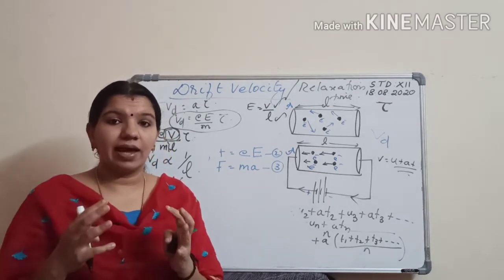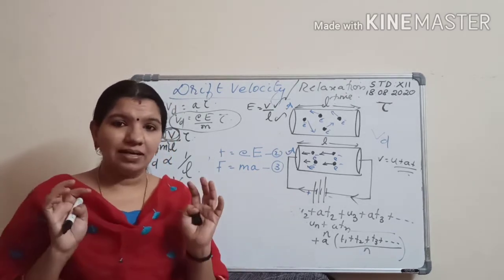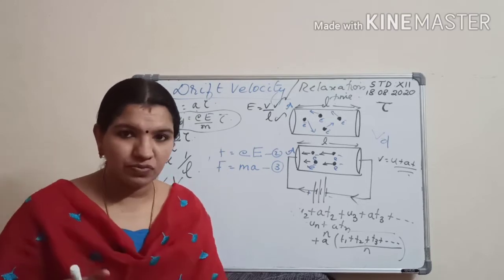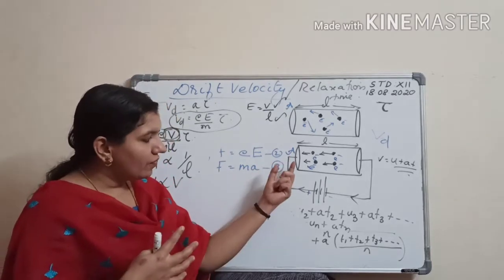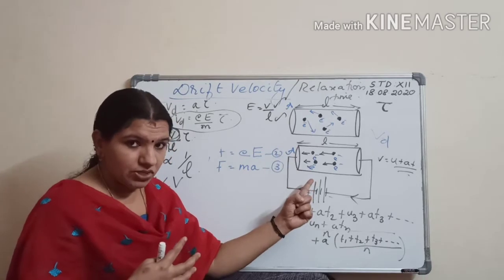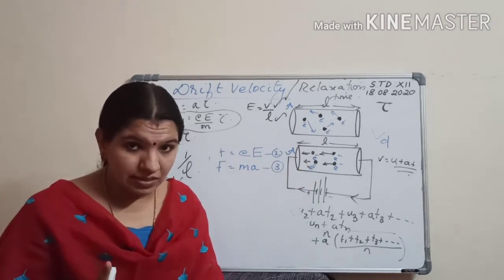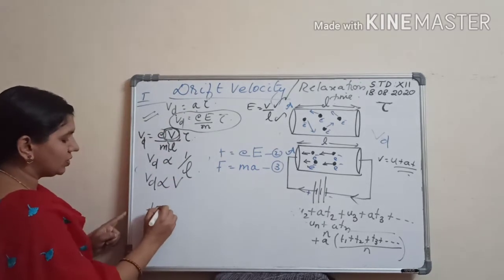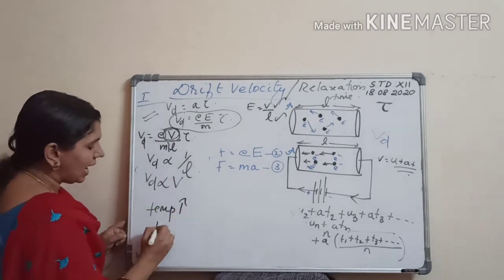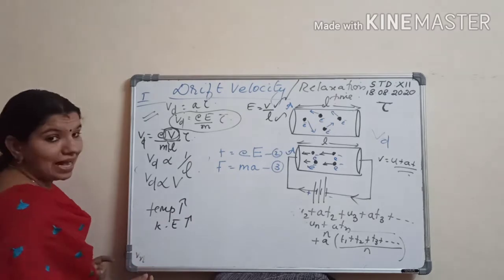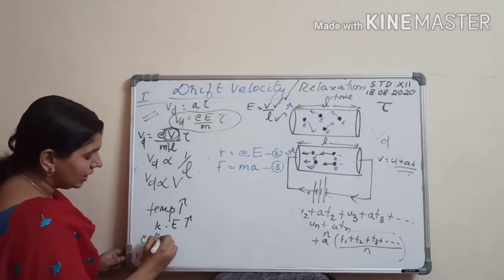Because of kinetic energy, electrons will move randomly, in a vigorous manner. So when you increase the temperature, the kinetic energy of the electrons increases. As a result, collisions also increase.